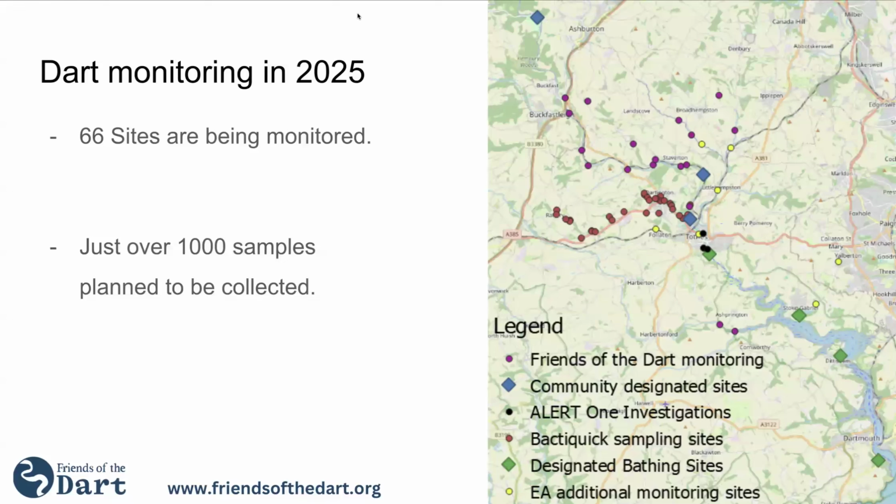John, you got your hand up? Yeah, thank you. I realize you've got budget constraints and have to focus on the bathing sites. I just wonder if at some point further down the line you might consider testing farther up the Dart, say on the west and east branches, where there's an awful lot of activity.